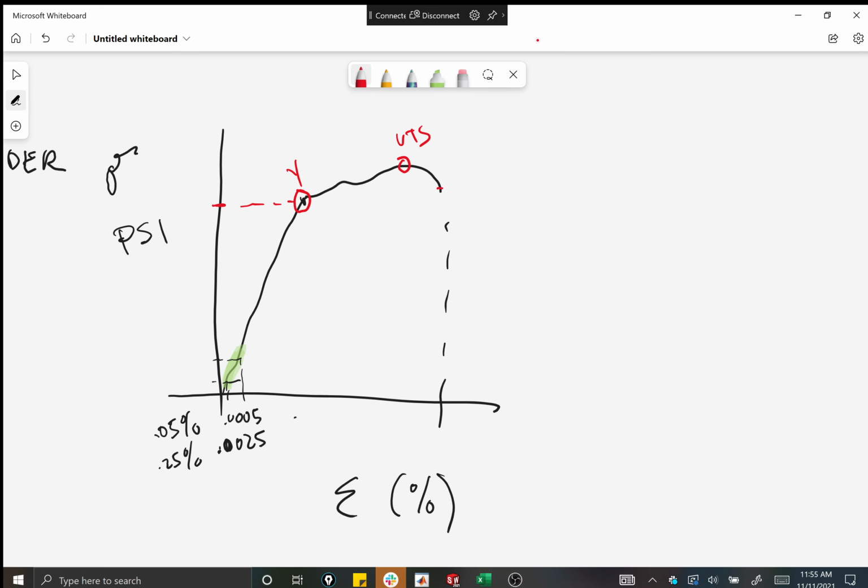Then what's this point? Yeah, and that could be load at fracture. It could be stress at fracture. And so if I said, what is the X value at fracture called? What's that going to be called?